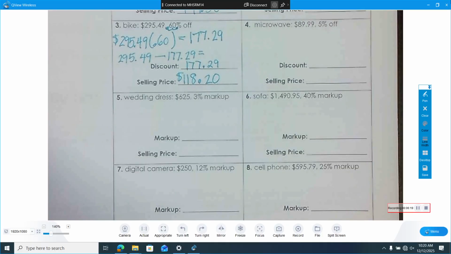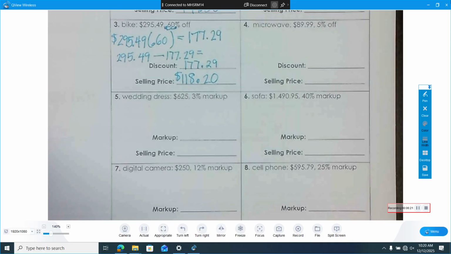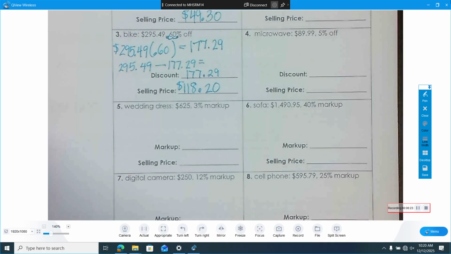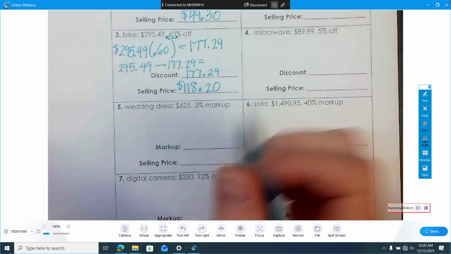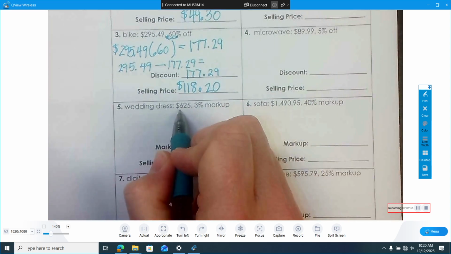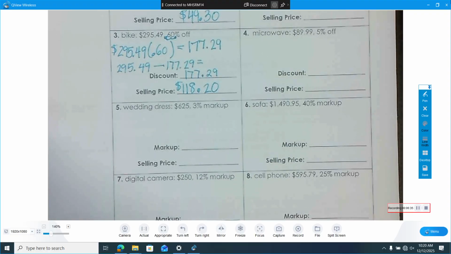All right, let's look at a markup. Oftentimes, like a wedding dress, this is a great example. If you're a business, you buy a wedding dress at the cost. The cost for the business would be $625, and it's typical that a business would mark up the price of the bridal gown so that they make some money on it, right?